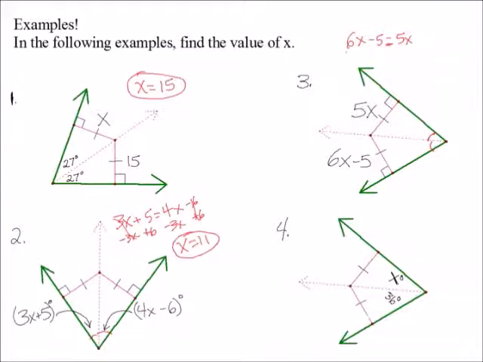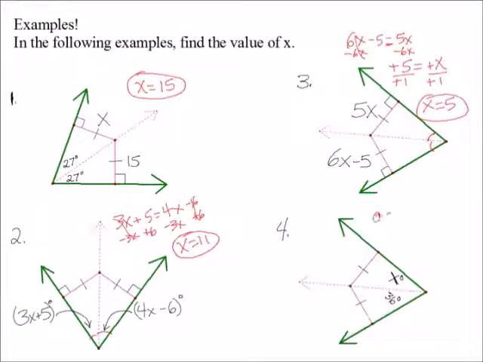So we have to subtract 6x on both sides. We want to get that negative 5 by itself. So cross that out, and we have negative 5 equals negative x. Divide both sides by negative 1. And so you have x equals 5, because when you divide two negatives, they become positive. So there you go.